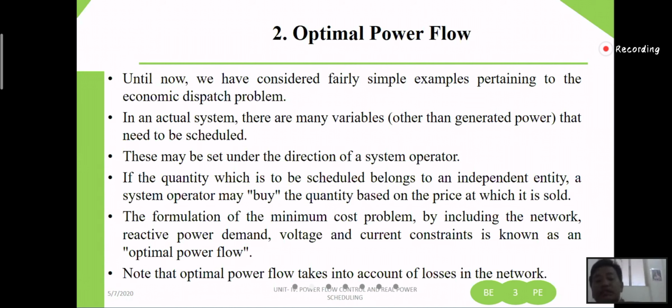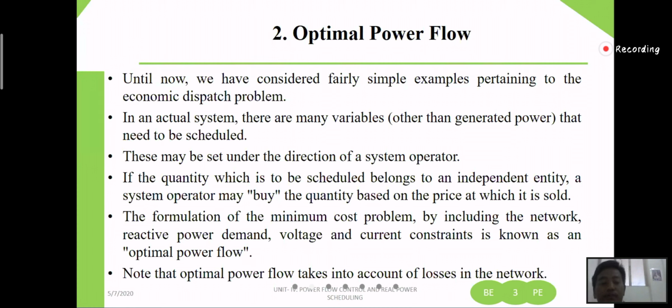BPC will not just go there and directly buy the power; DGPC will charge some amount, and based on that we have to buy, right? So that also we have to consider in the optimal power flow or optimization. The formulation of the minimum cost problem by including the network, reactive power demand, voltage, and current constraints is known as optimal power flow.